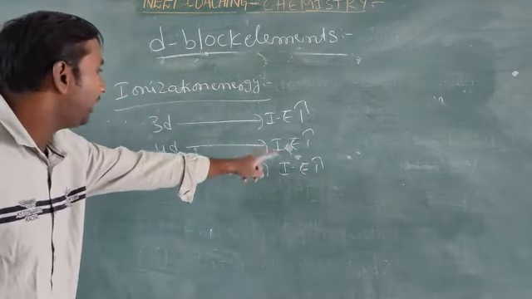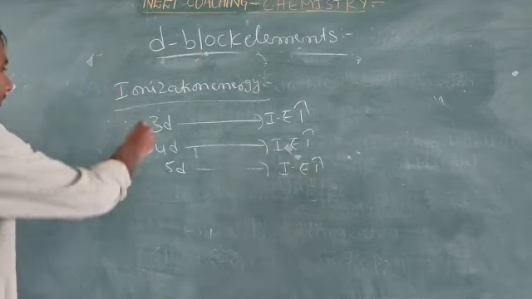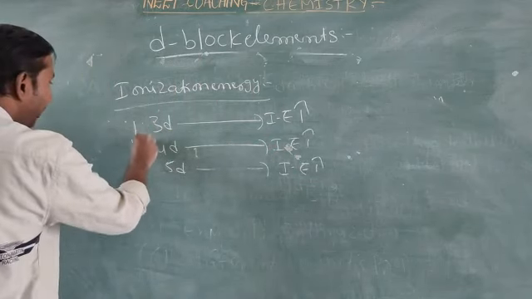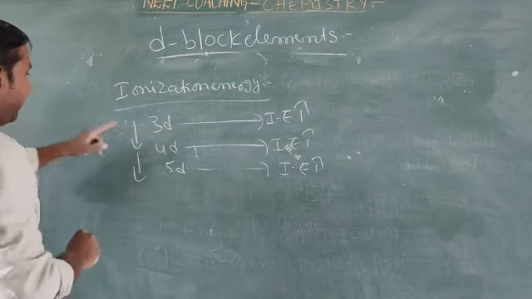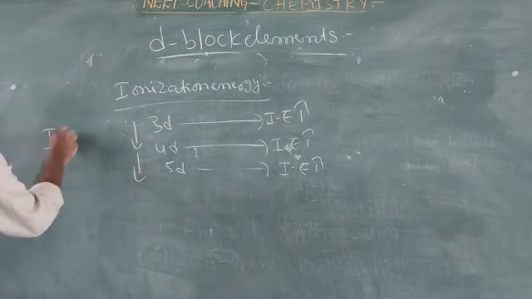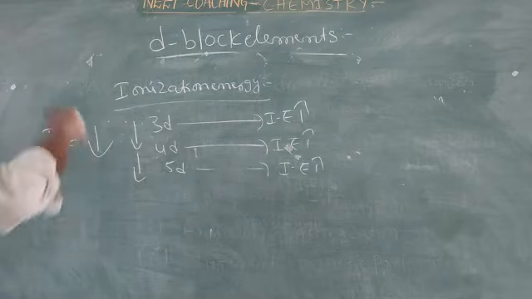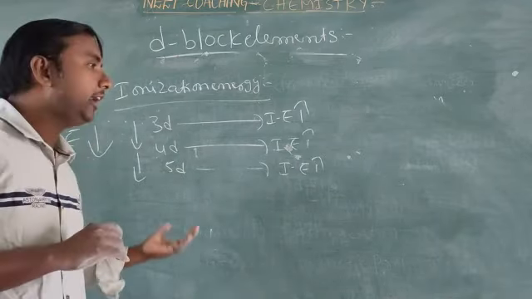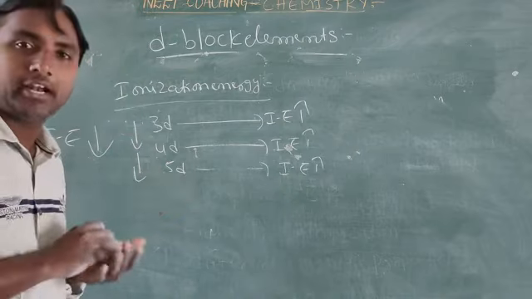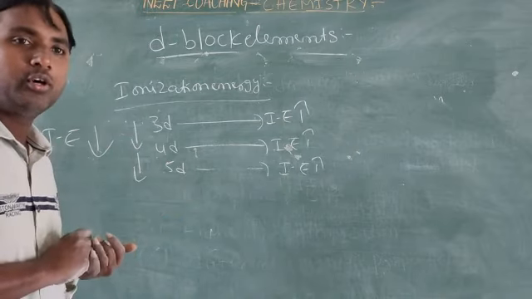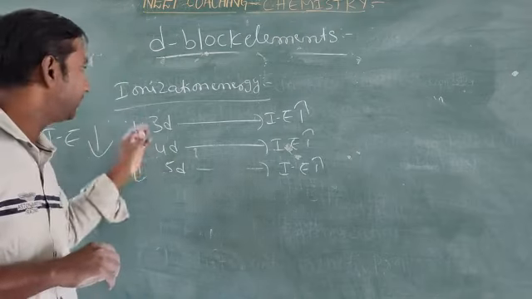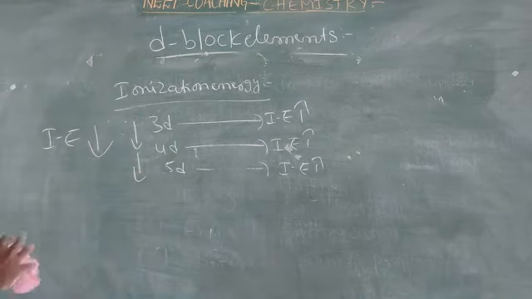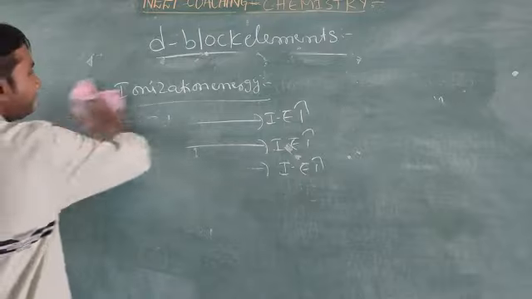In the group, from 3d to 4d and 4d to 5d, ionization energy decreases. Already we know that in groups, from top to bottom, ionization energy decreases because atomic radius increases and the nuclear attraction decreases. Okay, this is about ionization energy.